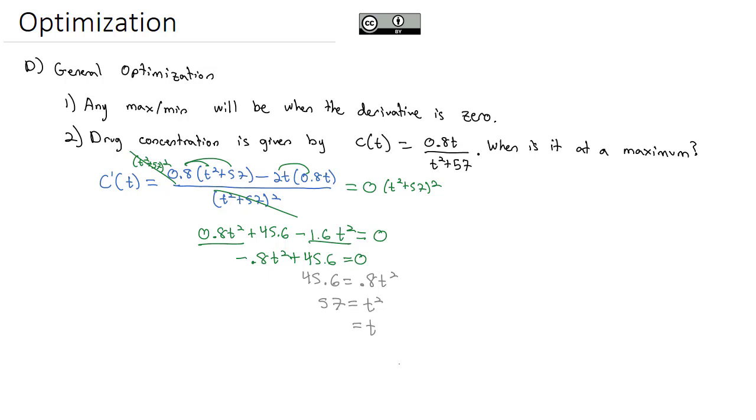T is equal to plus or minus, but we don't really have negative time because it's not going to be in the past before you took the pill, 7.55. And if the time is in hours, we would say in 7.55 hours, the drug concentration is at its maximum. Let's take a look at one more example before we wrap up.